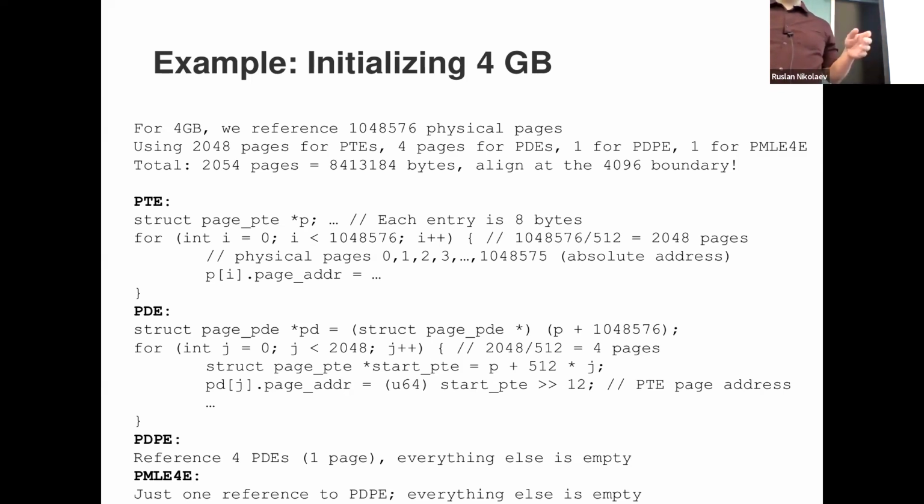Therefore, we have to have 1 million entries in the last level. This is a contiguous range of addresses, so we don't have any gaps. Obviously, after 4 GB we don't need to map anything. After this there is a huge gap, but we just map the very first 4 GB. So what do we do? We start from 0, go to this 1 million, and just refer to every page. So what should we put in the page address? I didn't put the answer, but what should we put here in this loop?